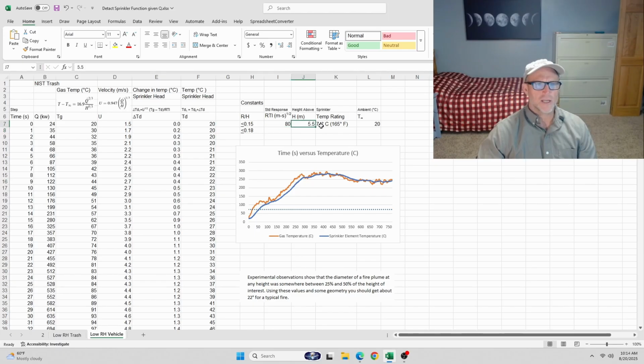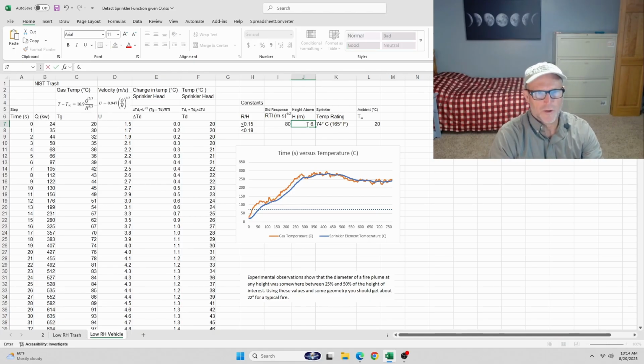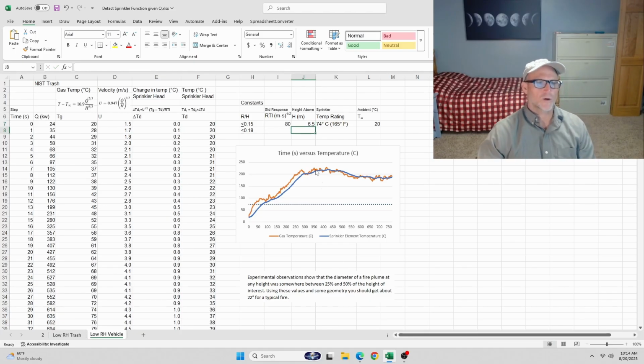And let's jack this up. Right now it's 5.5 feet, about 18.5 feet high from the fire. So I have a very hot fire and basically 20-foot ceilings, thereabouts. I can make this a little higher. Let's go 6.5 meters, to more correctly reflect a high bay situation with a car in it.